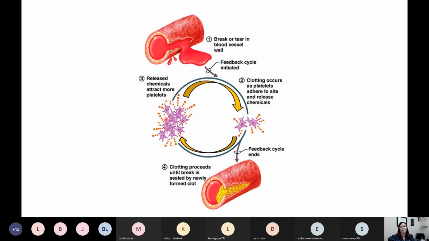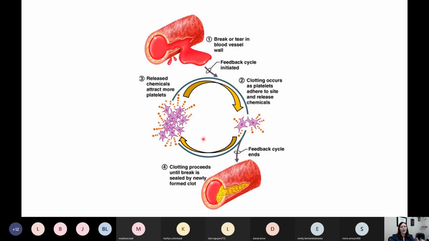So more platelets come over, they spit out their chemicals. We're making more proteins. But as they spit out their chemicals, more platelets come over, which makes them spit out their chemicals. And that recruits more and more. In a positive feedback loop, my original stimulus is made even more in this loop.